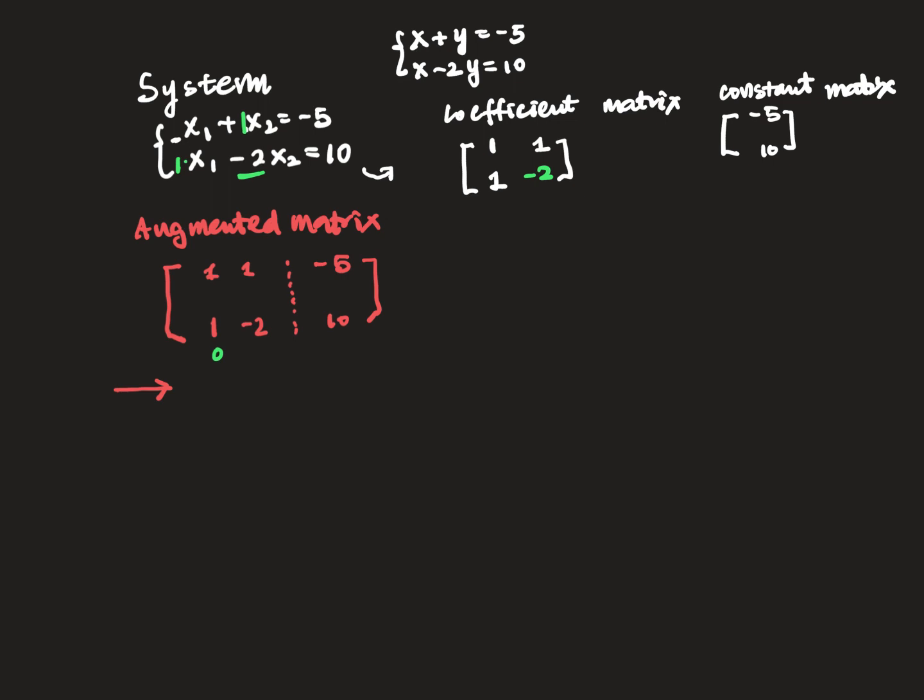To make it 0, you need a -1. So I'm going to put it here. You're going to need a -1, so -1 R1, where R1 is the first row and R2 is the second row, okay?